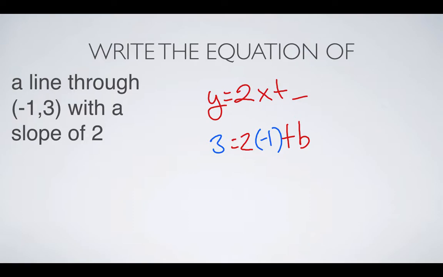So this becomes 3 equals -2 plus b. At which point I would add 2 to both sides, meaning 5 equals b. So I would go back up here and say plus 5. That's how we write an equation of a line if it goes through that point.